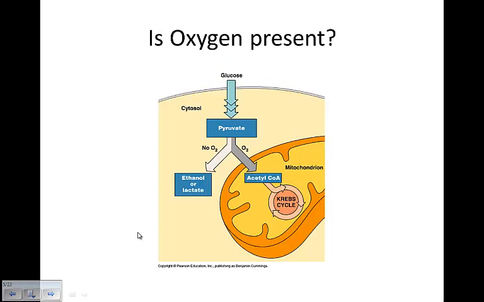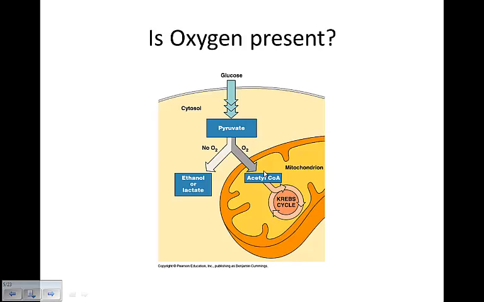All right, now here's an important question. Is oxygen present? Here we have glucose coming in, and here's the cytosol of the cell. Glucose splits into pyruvate. If it's in the presence of oxygen, then it's going to go into the mitochondria, which we said was the what?